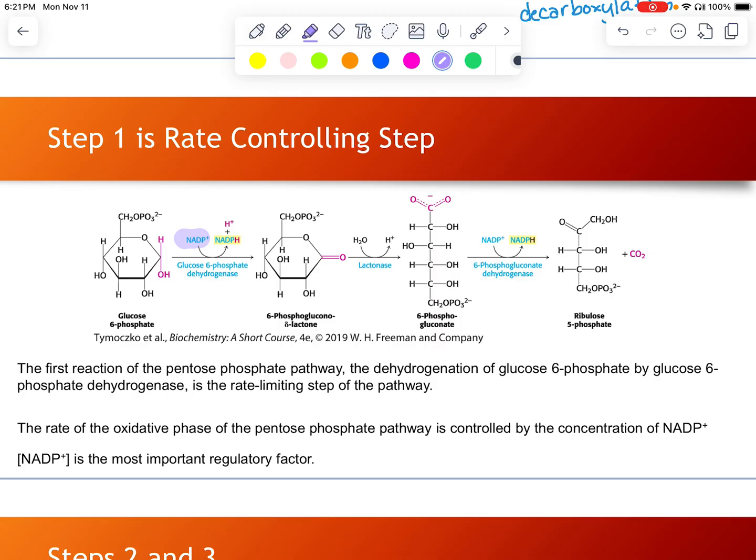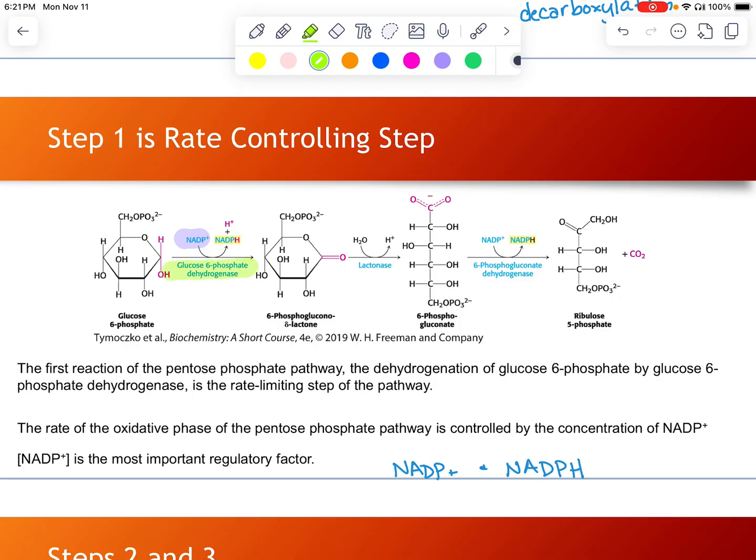The second thing is that both NADP and NADPH can both bond to the active site in our glucose 6-phosphate dehydrogenase.